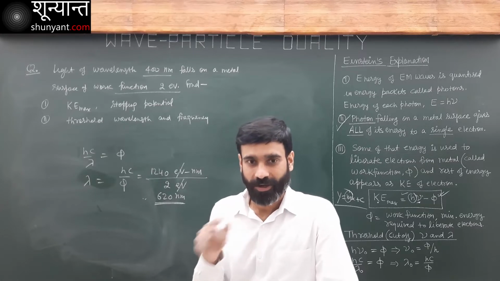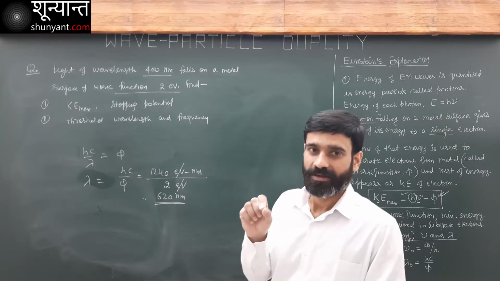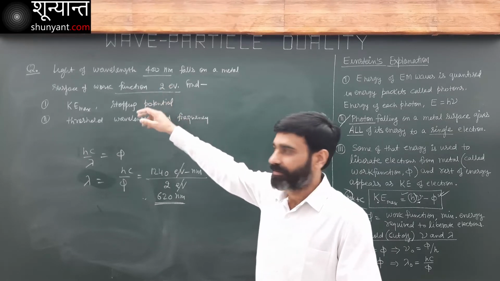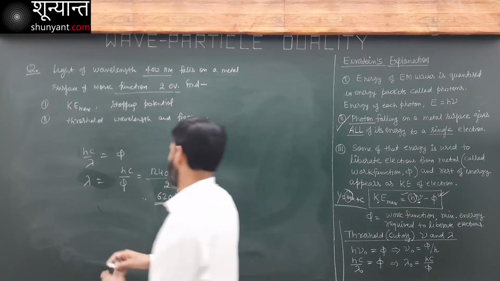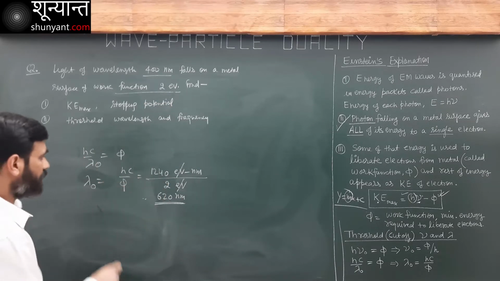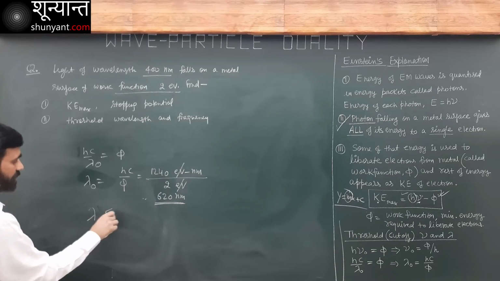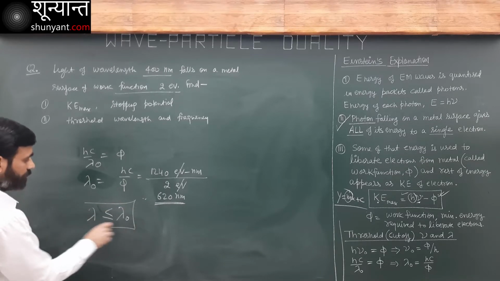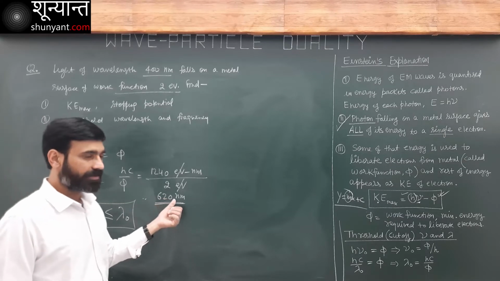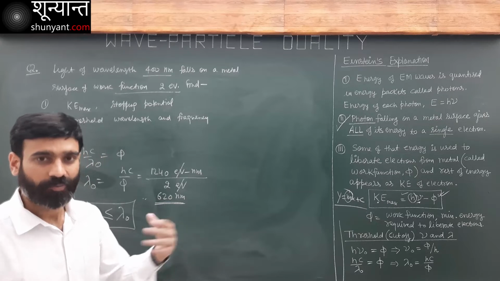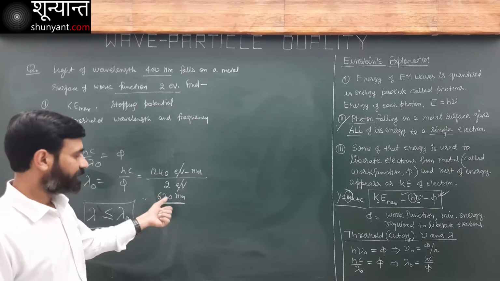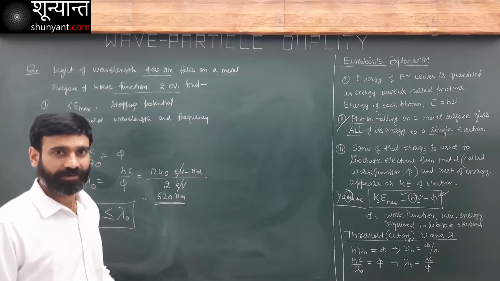I want the electron to come out, which means the energy of the photon should be at minimum this, or more than this. Then the wavelength should be less than this. That is why this is known as the threshold wavelength. So lambda should be less than or equal to lambda naught. Only then will electrons come out. If the wavelength is, let's say, 700 nanometer, electrons will not come out. If the wavelength is 500 nanometer, electrons will come out.